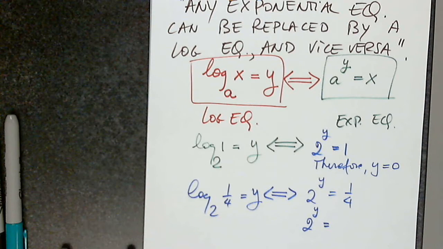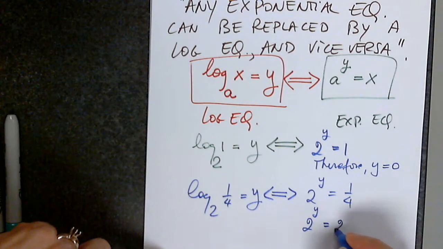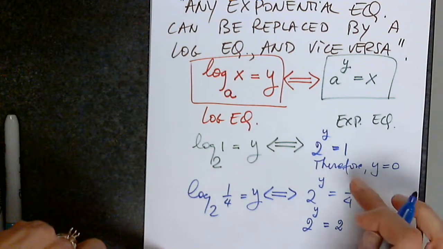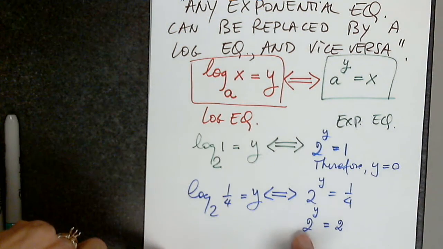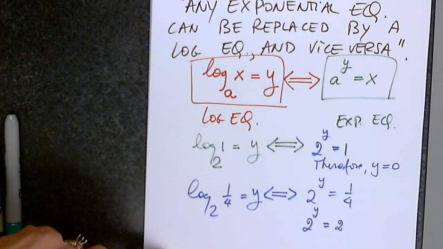So 1/4 has to be presented with base 2. 2 raised to what power is 1/4? First of all, it has to be a negative number.